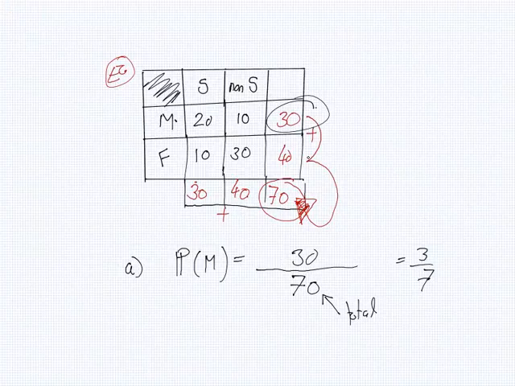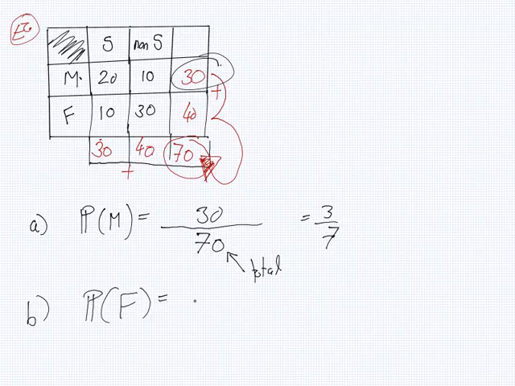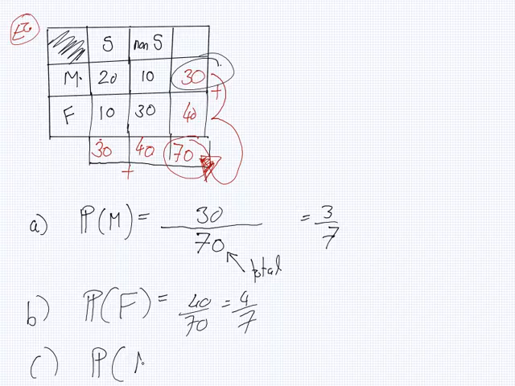Let's answer some more to practice here. Probability of female. What would that be? 40/70, which is 4/7. What about probability of male and smoker?